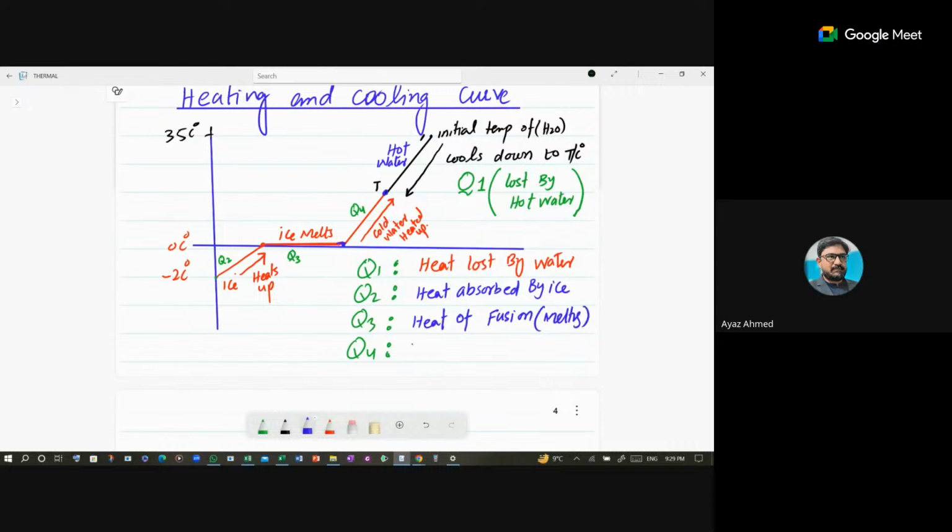And then this is the heat absorbed by molten ice. So where has all this heat come from? This Q2, Q3 and Q4. What is the source of this heat?